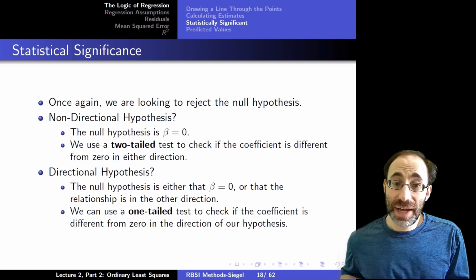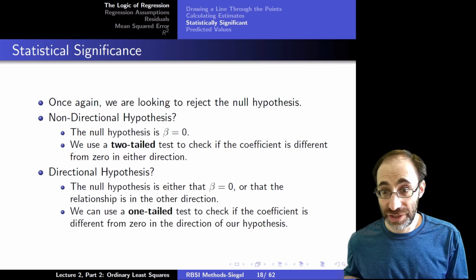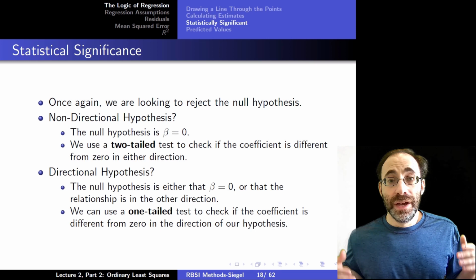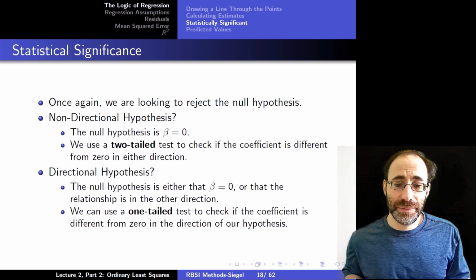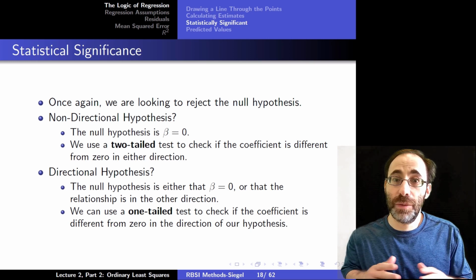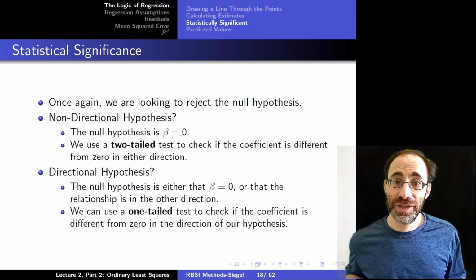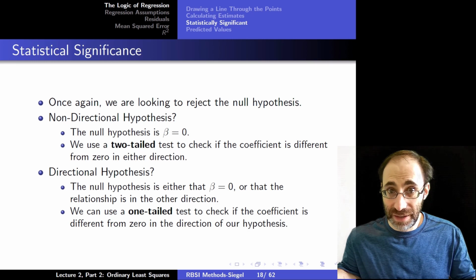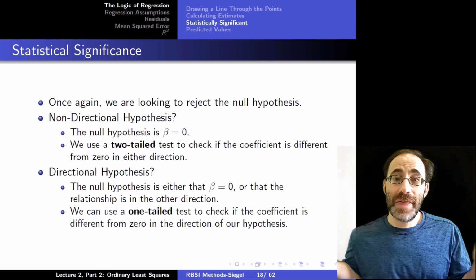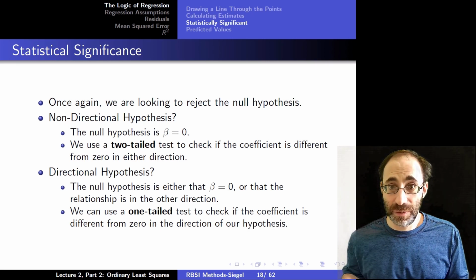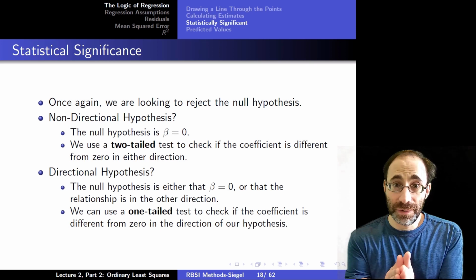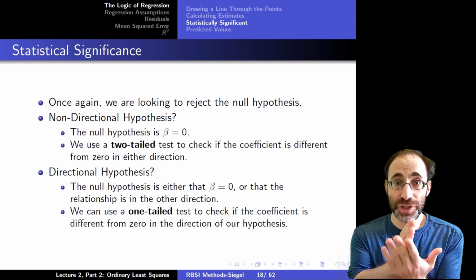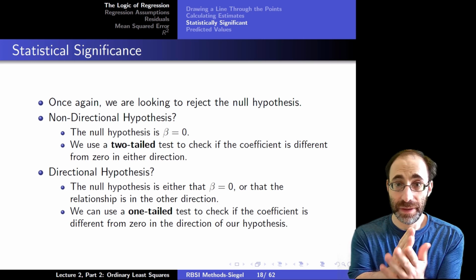We're going to use what's called a two-tailed test to check whether the coefficient is significantly different from 0 in either direction. A two-tailed test means, think back to the normal distribution and the bell curve and all those pictures we saw with the 68% and the 95% and the 99% area under the curve. The idea of all that hypothesis testing was, if the null is true, then the coefficient should be at the mean of that normal distribution at 0.